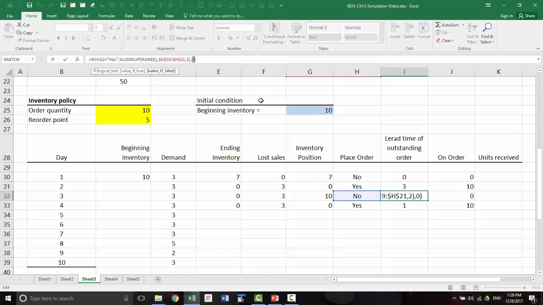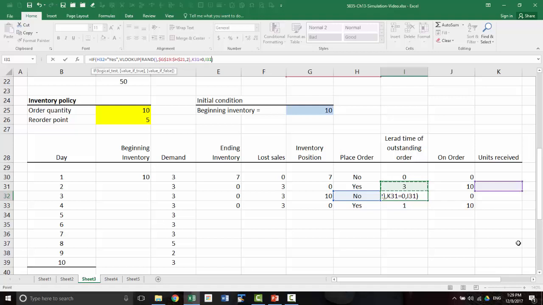So if an order was not placed that particular day, now we have to look back and see whether there is any outstanding order. The way we can code this is that if no order was received the previous day, then there is no change in the lead time of the previous period.